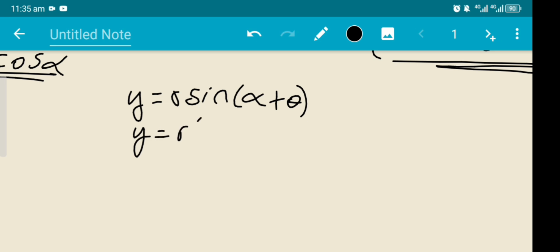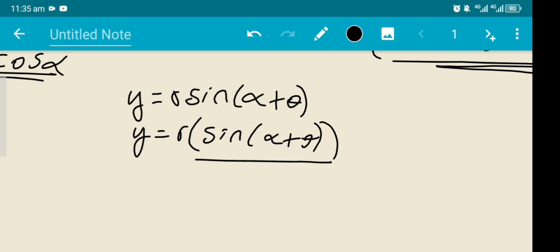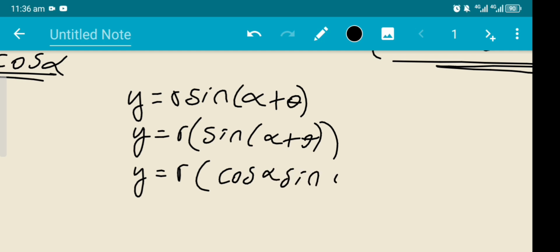So this would be r, we open brackets, sine alpha plus theta, we close brackets. Now let's expand this and take it to a different form. What we discussed was this: y is equals to r, we open brackets, then we say cos alpha sine theta plus, this time it's a plus, sine alpha cos theta.